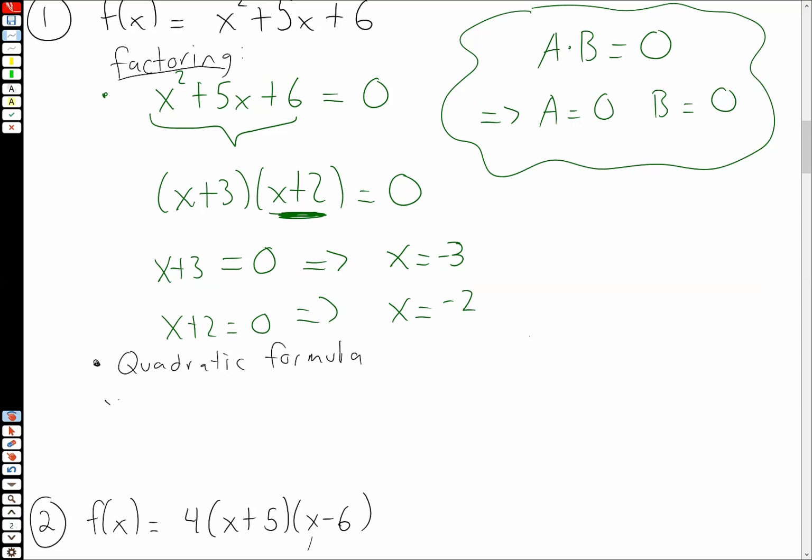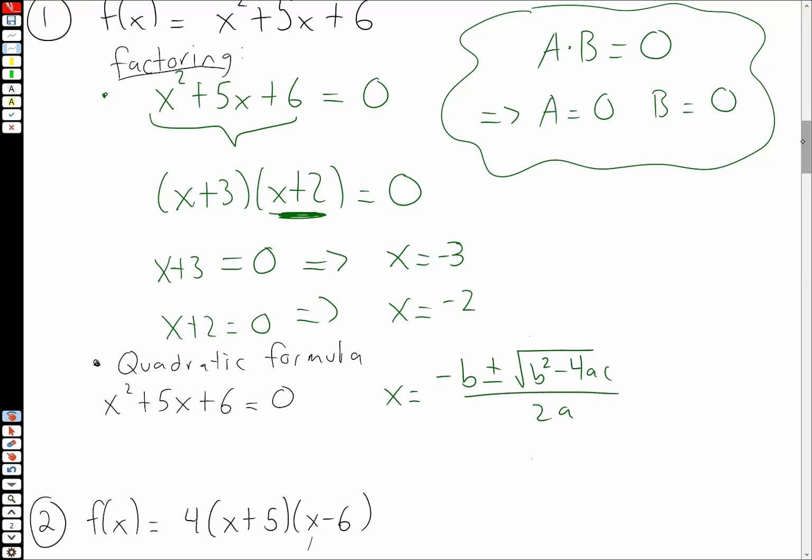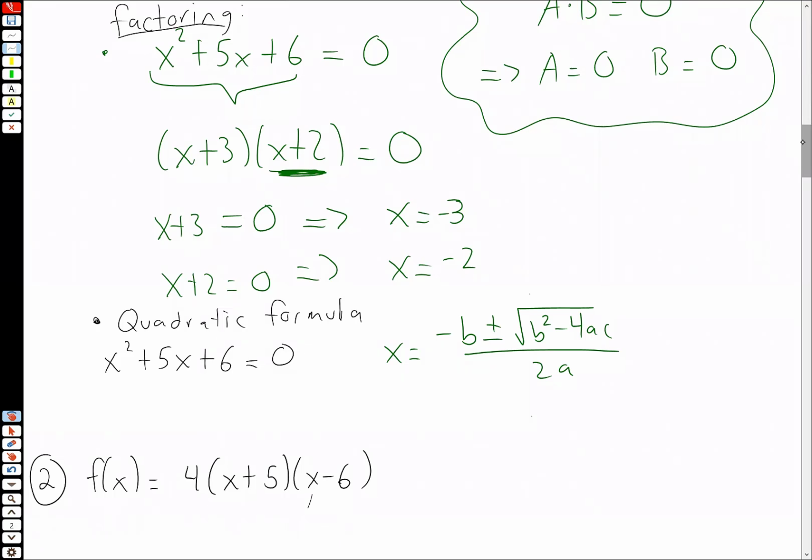So if we have x squared plus 5x plus 6 is equal to 0, remember the quadratic formula says x is equal to negative b plus or minus the square root of b squared minus 4ac all over 2a. Okay. So again, using the quadratic formula, as long as you can identify your a, b, and c, it will work. But notice here, it's not the nicest looking formula, so sometimes it can take a lot of time. But in any case, let's go ahead and solve it and make sure that we get the right answers.